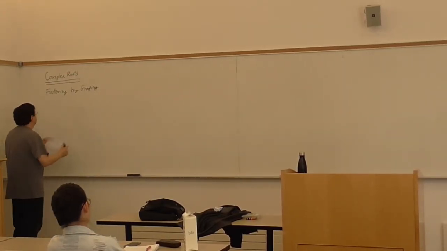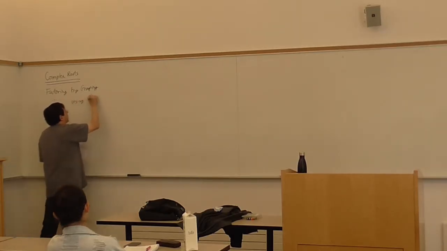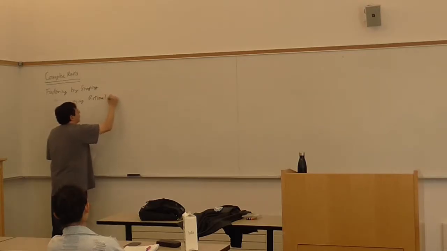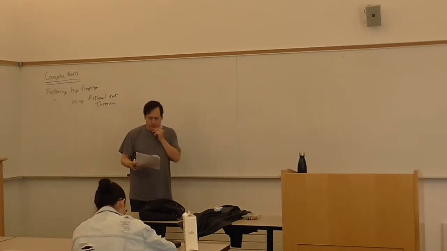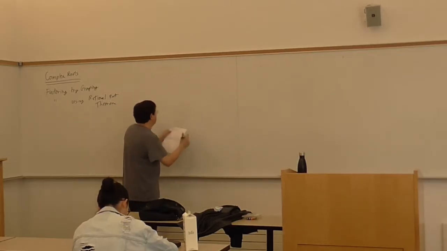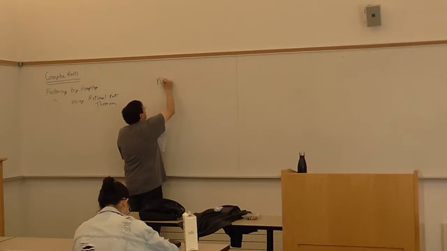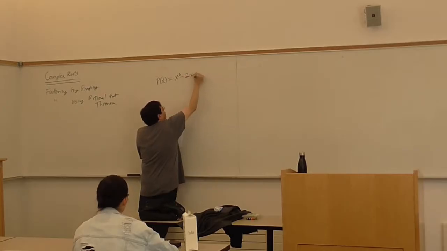We're going to factor using the rational root theorem. Certainly worth a few examples if you're not comfortable with this yet. So the example here is we want to factor p of x equals x cubed minus 2x plus 4.